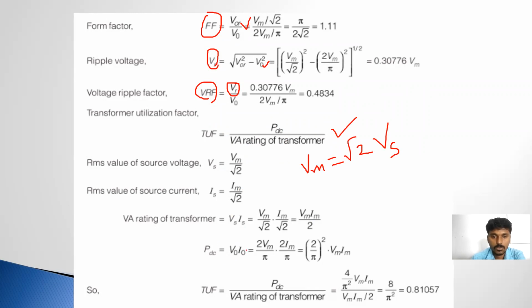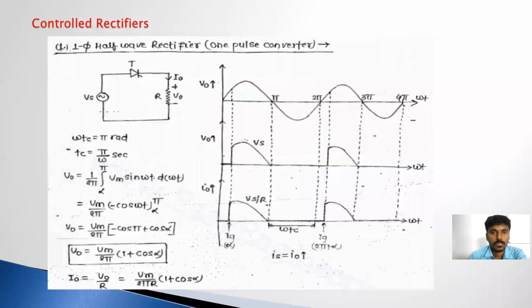PDC is equal to V0 into I0. Please remember these formulas. Output power is V0 into I0. The VA rating of the transformer is Vs into Is, that is Vm by root 2 into Im by root 2, which is equal to Vm into Im by 2. All these formulas you have to remember.